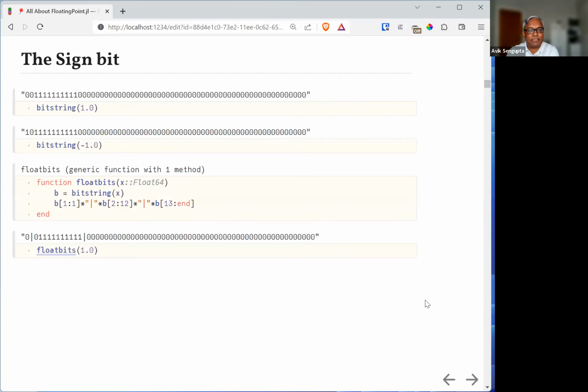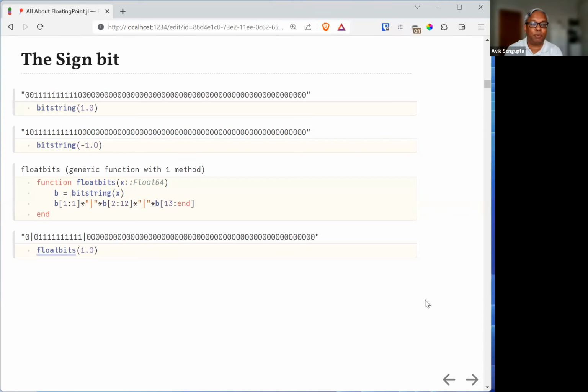So first, let's look at the sign bit. There's a function in Julia called bitstring that takes any number and shows you the actual bits that the computer is storing in its memory, right? So a bit string of 1.0 is this long string 0, 0, 1, 1, 1, 1, 1, 1, 1, and then 0, 0, 0, 0, 0, and up to the end, right?